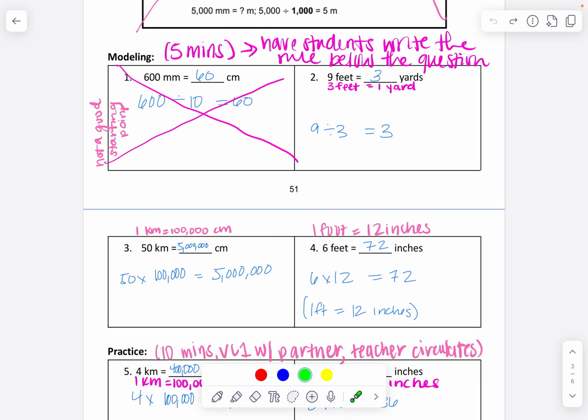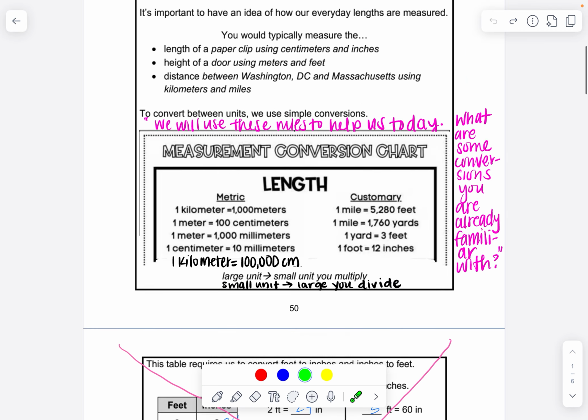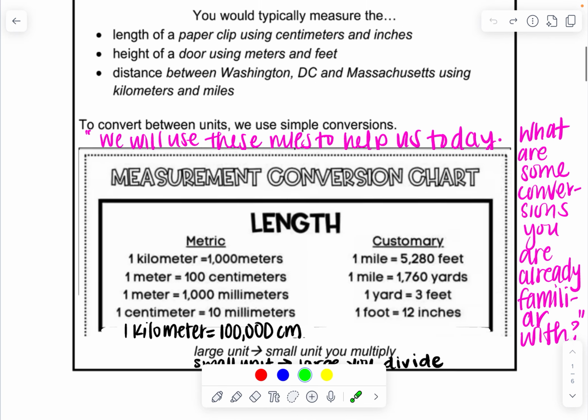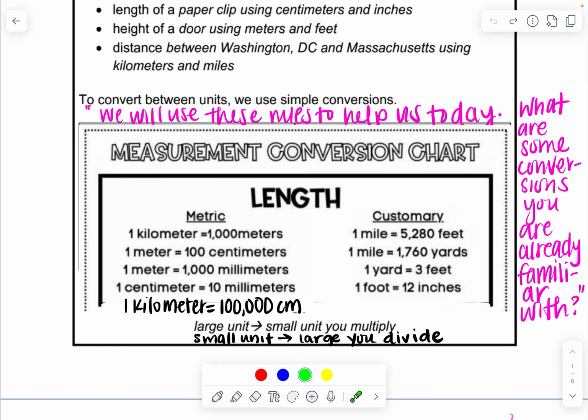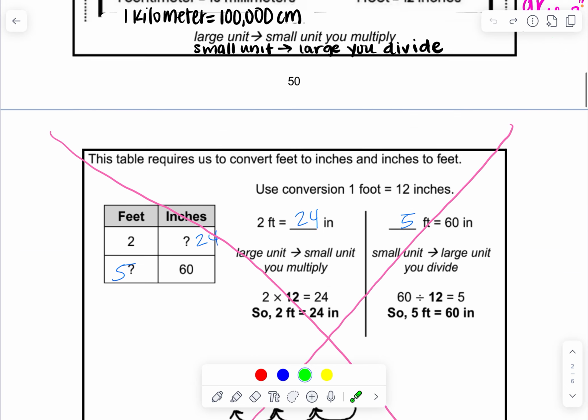So question 2 says 9 feet is equal to 3 yards. Have students go to their rule sheet. We want to find a rule about yards and feet. So, hey class, do you see any rules that have yards and feet? Yes, this rule right here tells us that 1 yard is equal to 3 feet.